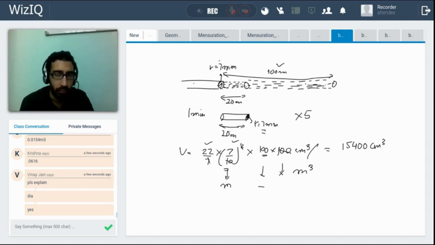And if you want meter cube, just move 6 decimal places to the right. So 0.0154 meter cube has to be your answer, since 1 centimeter is 1 by 100 of a meter. Okay, cool.